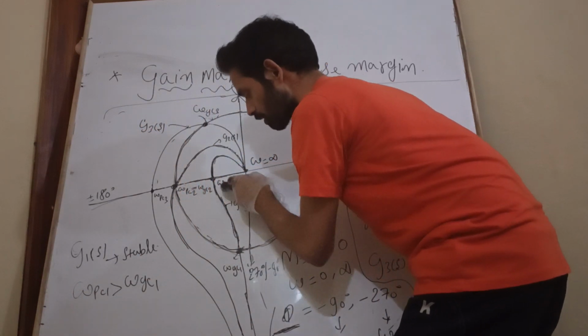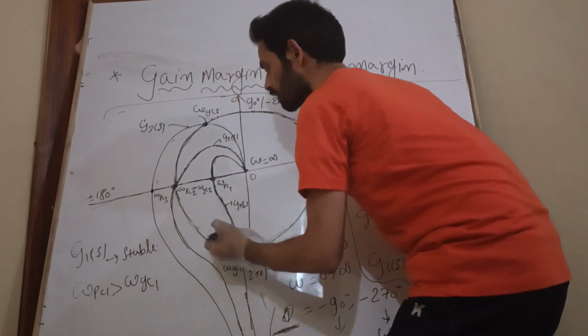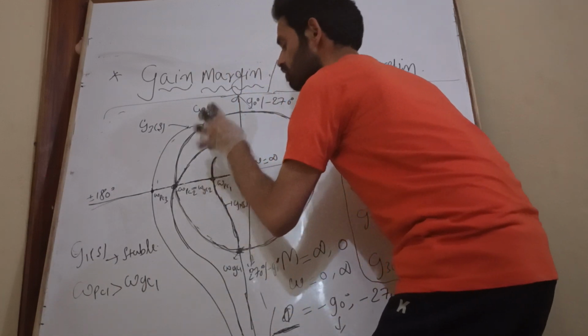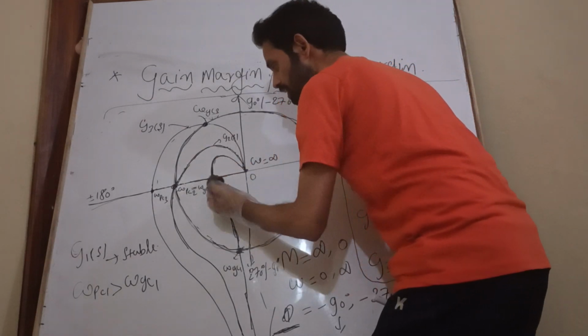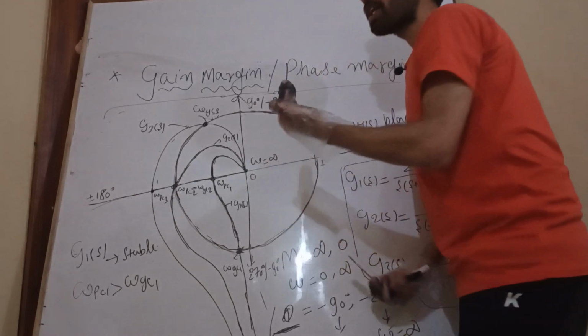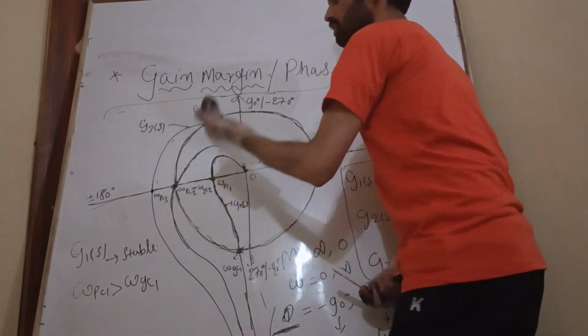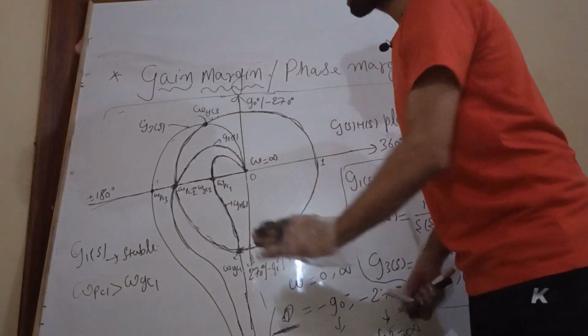This means the system is stable. Also you can see that this plot is cutting the real axis inside the unit circle, so the system is stable.